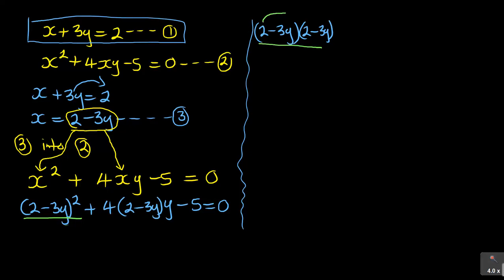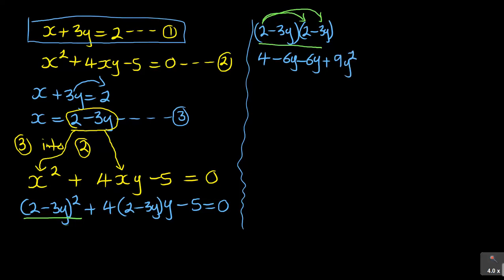So we have 2 times this, and the 2 also multiplies that, so you've got 2 times 2, which is 4, and then 2 times negative 3y, which is negative 6y. Negative 3 times 2: remember, your calculator is your go-to place here. When you're under pressure, use your calculator. Minus 3y times minus 3y is a positive 9y squared.